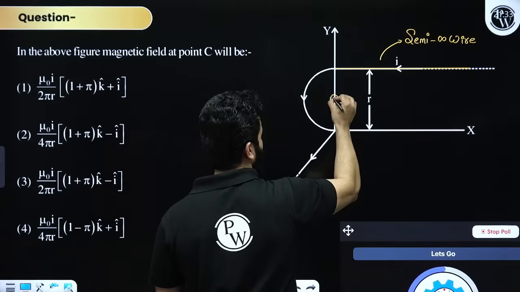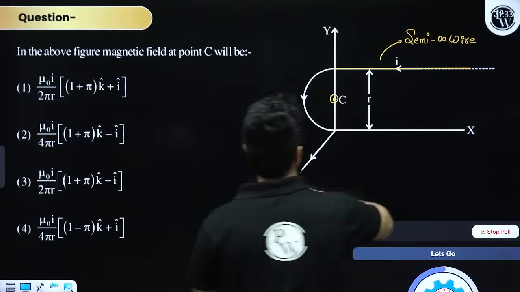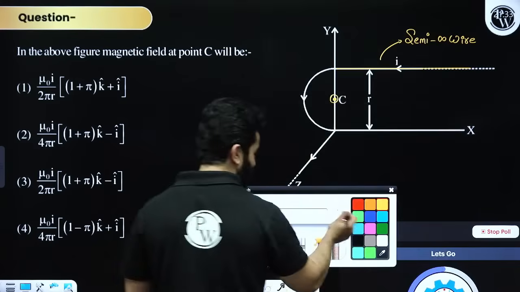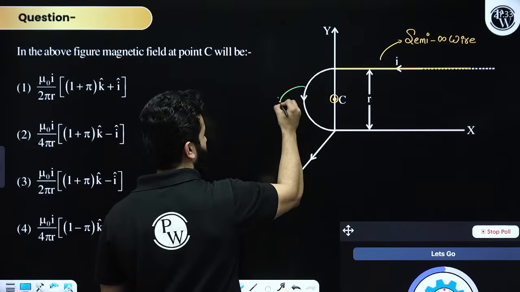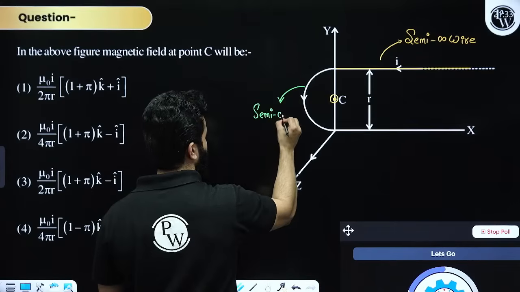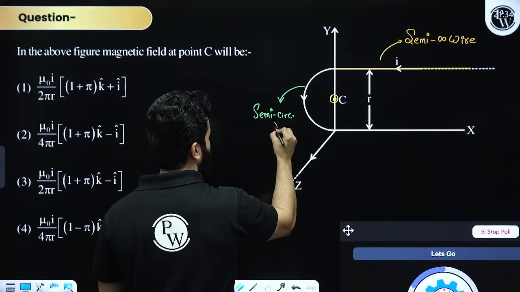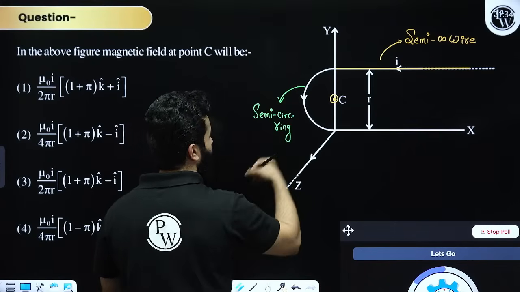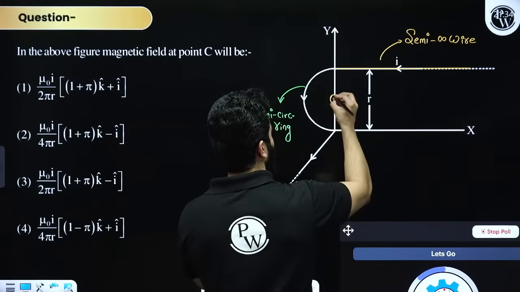Now we have another segment, which is a semicircular ring, and due to this also the magnetic field is outwards.